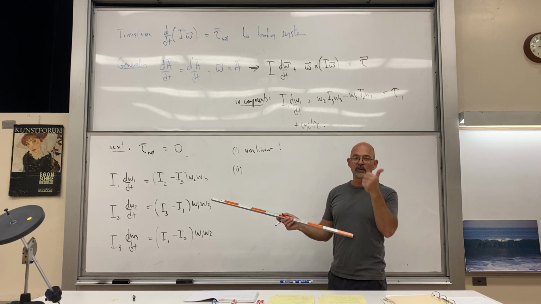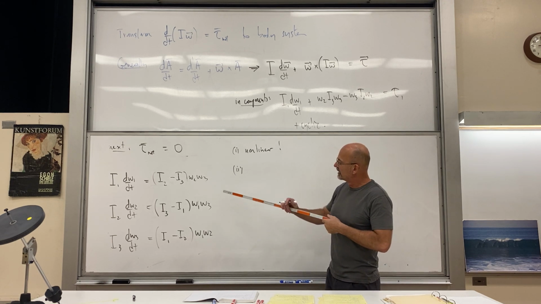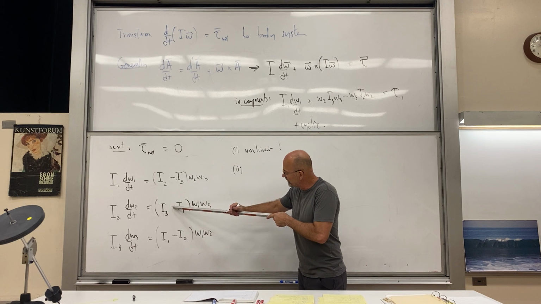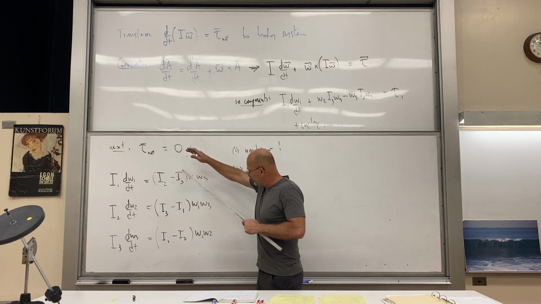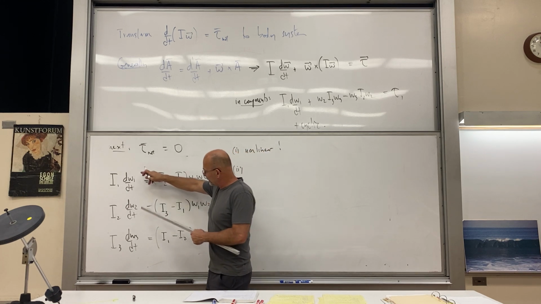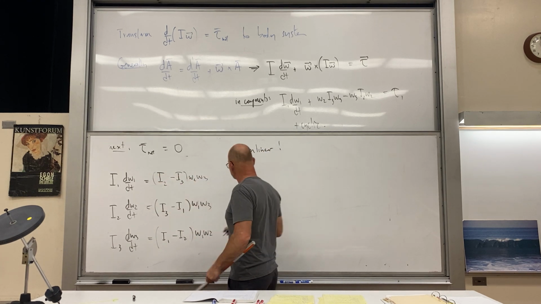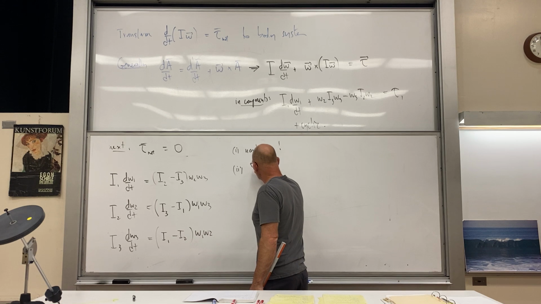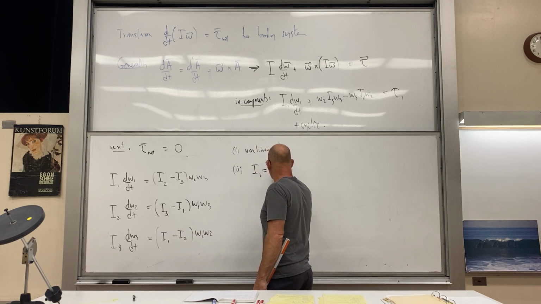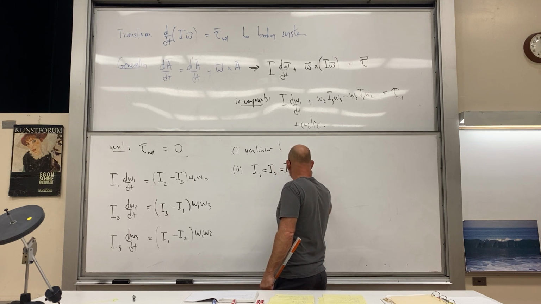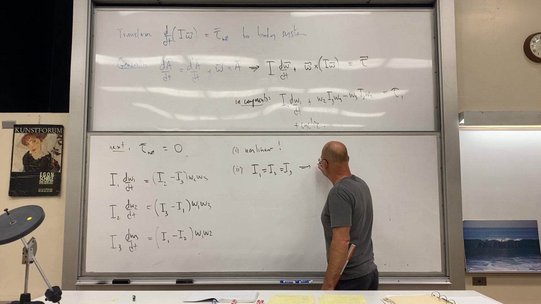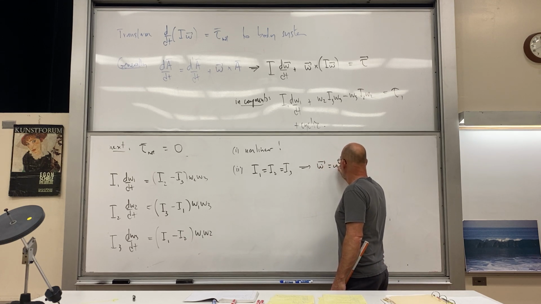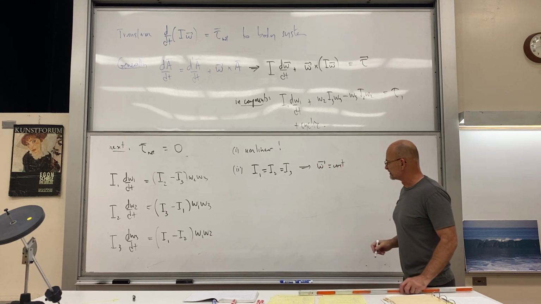Suppose I1 equals I2 equals I3. Well, then everything here is a 0. And then the right side of the equation is 0, and therefore your omega is going to be constant. So that's called the spherical top, as we talked about earlier. Then omega equals constant.